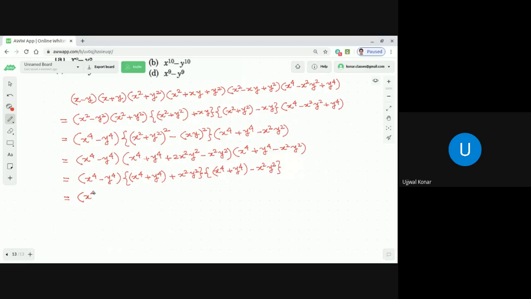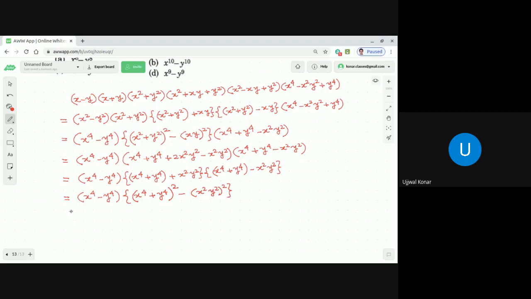Okay. So x power 4 minus y power 4. Again, these two terms we can apply with the formula a plus b into a minus b. What are we going to get? We are going to get x power 4 plus y power 4 whole square minus x square into y square whole square.